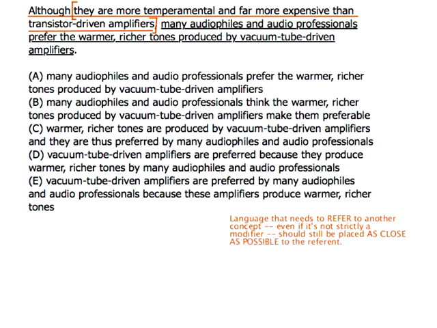So there is a reference here. Grammatically speaking, it's not strictly a modifier because it's not a piece of a sentence. It actually has a subject and verb, and it's a complete sentence linked by although. But what is more temperamental and far more expensive than transistor-driven amplifiers?